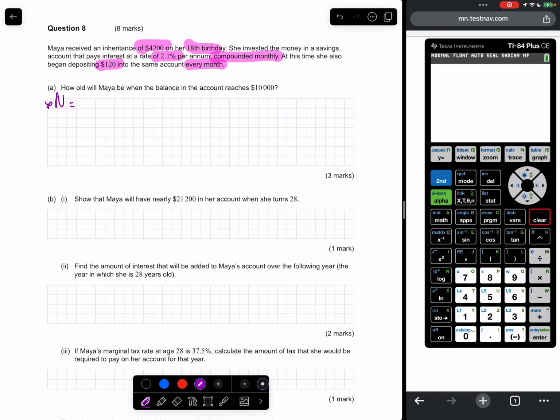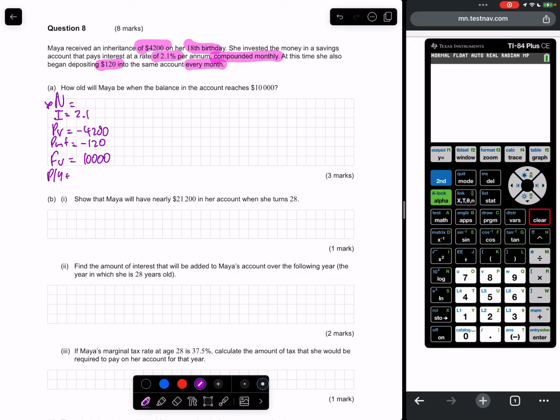So we need to work out how long it'll take. The interest rate was 2.1. She started off with $4,200 in the account. She is paying $120 into the account every month. We want to know how long it's going to take to reach 10 grand, or FV of 10,000.